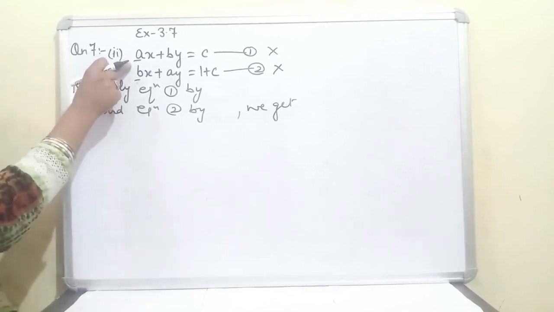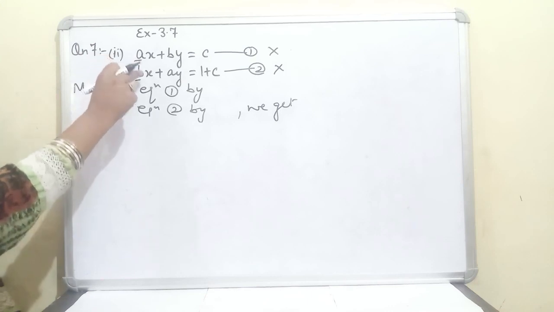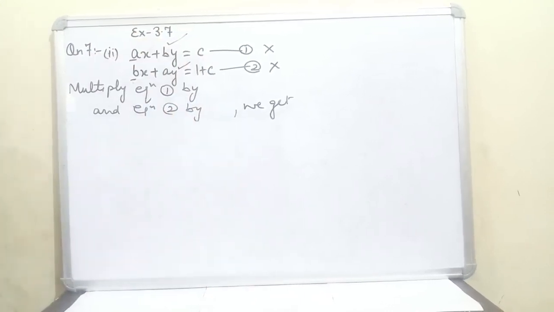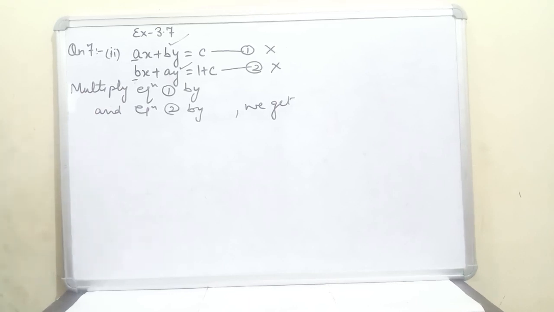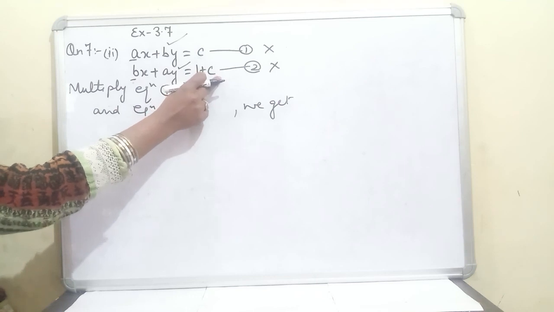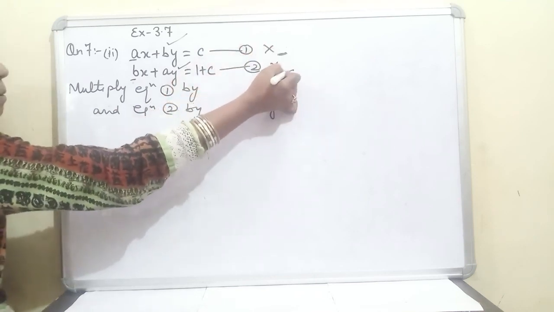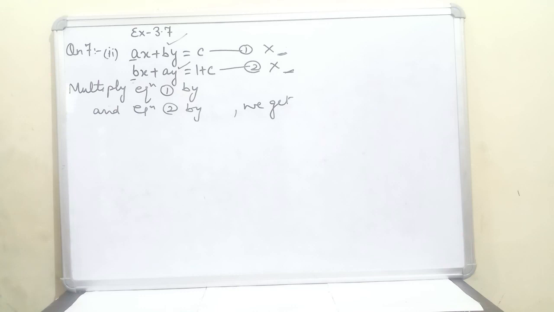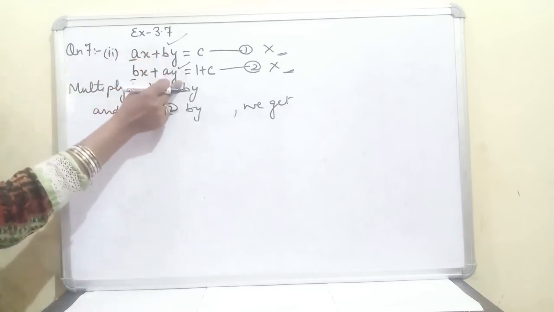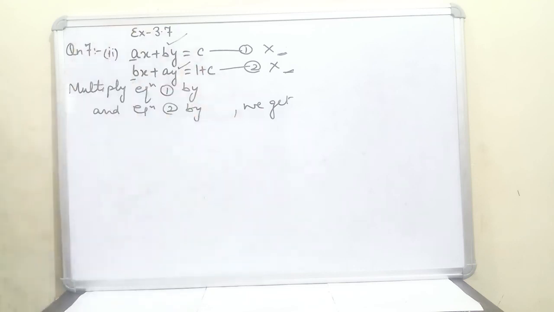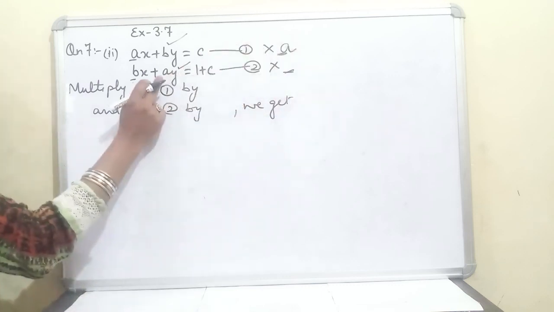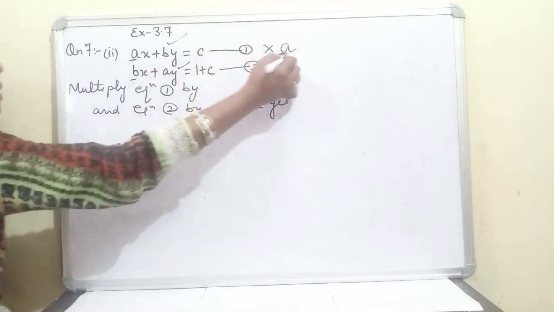Now I'm going to apply this elimination method again, and this time we'll have to make the coefficient of y the same, right? So what do we have to do here with equation 1 and 2? Tell me a number so that I can multiply it with equation 1 and 2 so that the coefficient of y will come the same. a with 1 and b with 2.